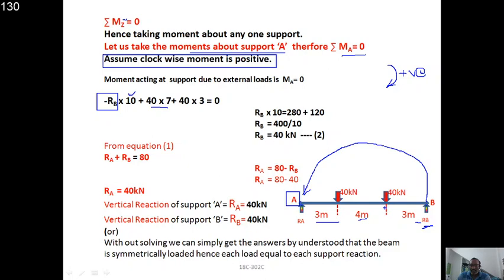It is a downward force, hence it travels towards A in a clockwise direction. Clockwise is positive, hence we take it as positive. And next 40 is at a distance of 3 in a clockwise direction, hence 40 into 3.